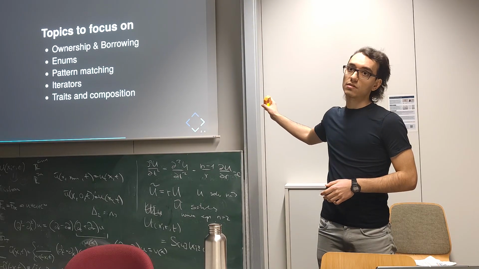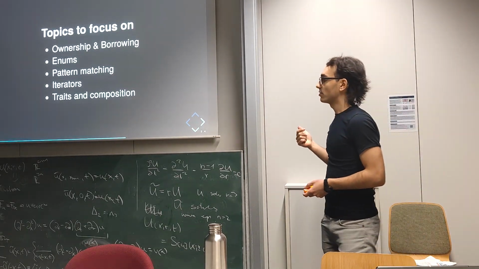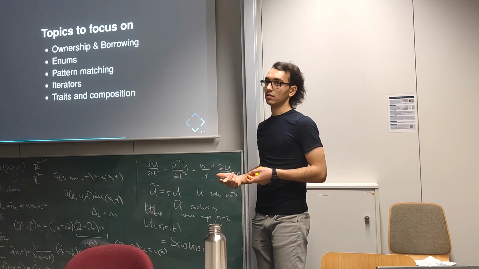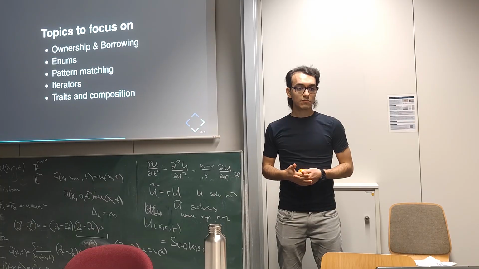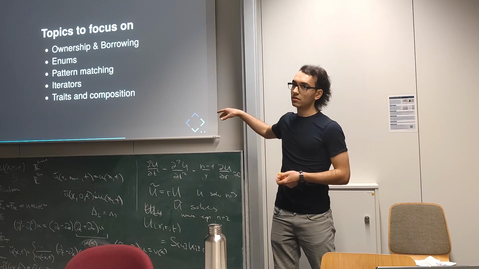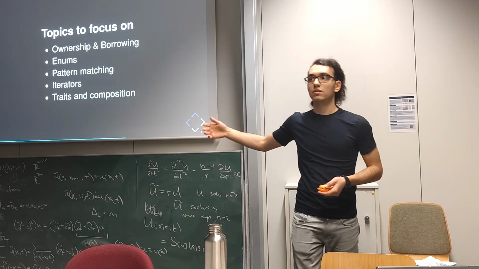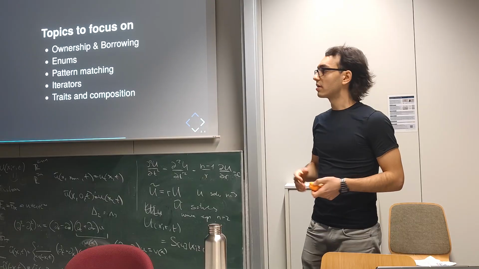Topics to focus on, especially when teaching Rust. Ownership and borrowing, especially because this is a unique topic when talking about Rust. But there are also other topics that aren't really unique to Rust, but you also don't find them in every programming language.